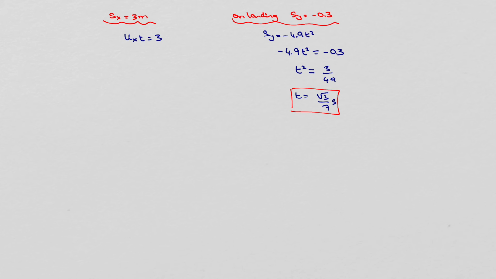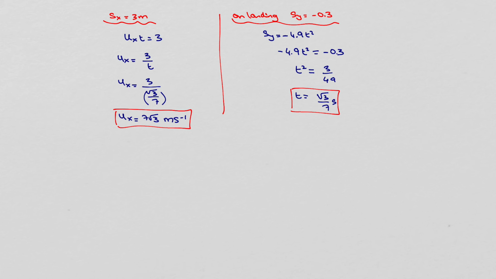Now that we know our time, we can go back and look at U, and we can say U is equal to 3 divided by t. So U in the X direction is 3 divided by root 3 over 7, which gives us an initial velocity of 7 root 3 metres per second. So that's our initial speed.